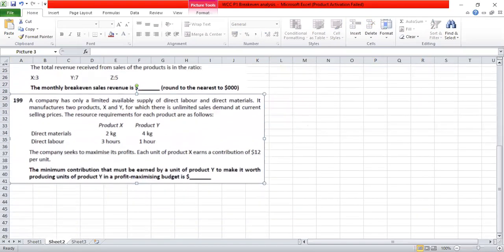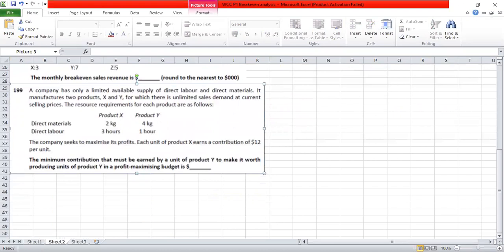199, a company has only a limited available supply of direct labor and direct materials. It manufactures two products X and Y, for which there is unlimited sales demand at current selling prices. The resource requirements for each product are as follows. Material is 2 kgs, 4 kgs, direct labor is 3 hours, 1 hour. The company seeks to maximize its profit.